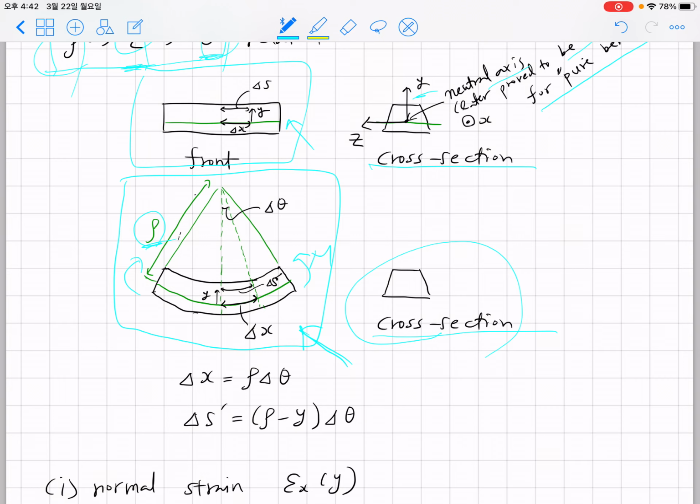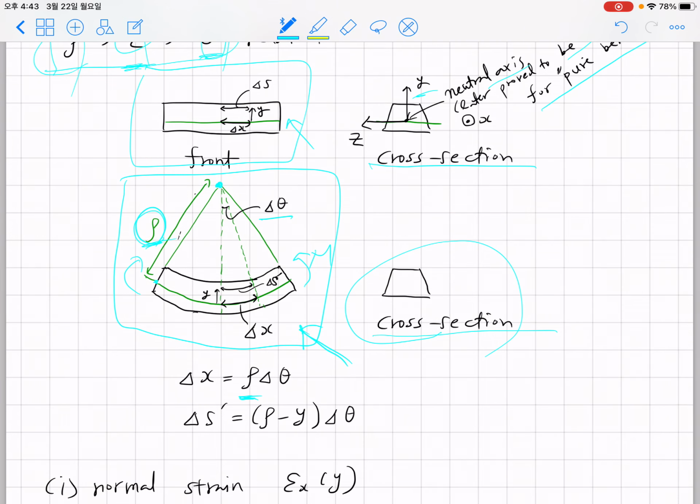Okay, and here from simple high school or middle school geometry, we can quite easily see that the distance from this center O to the neutral axis, which is rho, multiplied by delta theta gives delta x, due to the simple geometrical relationship between the arc length, the radius, and the angle delta theta.